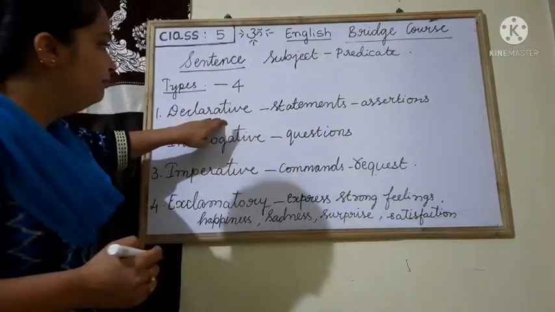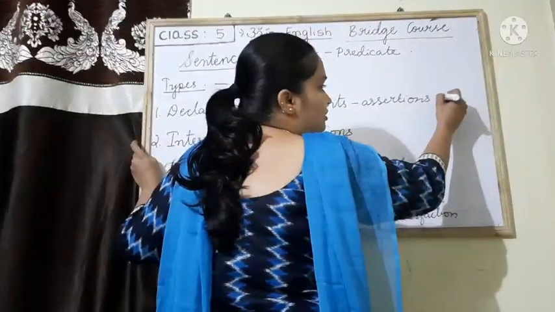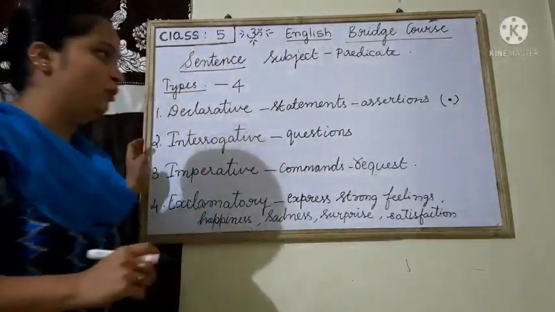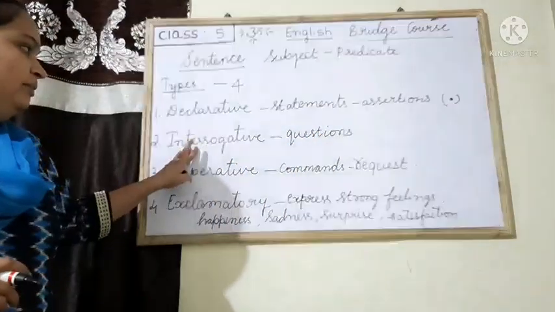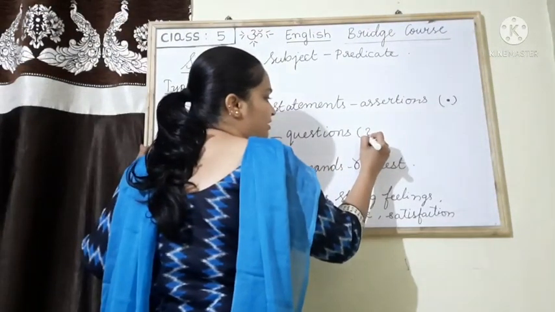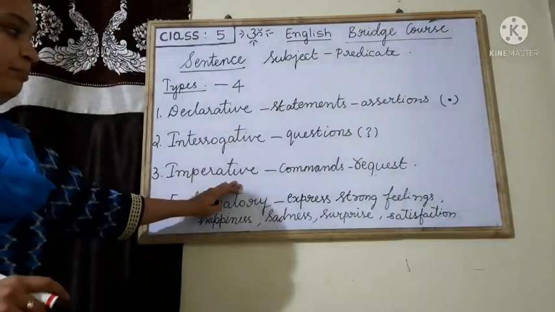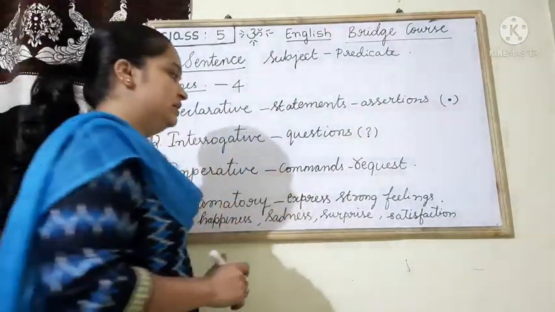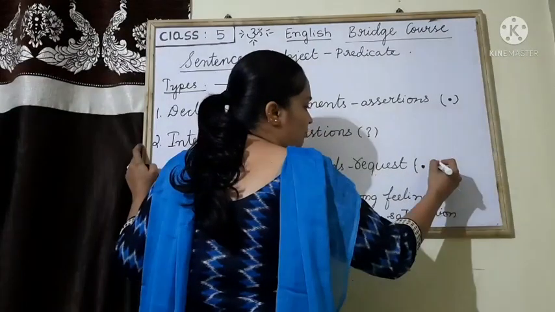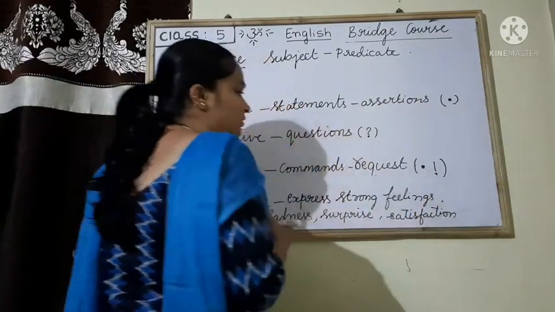And when we come to declarative sentences, they end with a full stop or period. When we come to interrogative sentences, they always end with a question mark. And when we come to imperative sentences, they always end either with a full stop or with an exclamation mark.